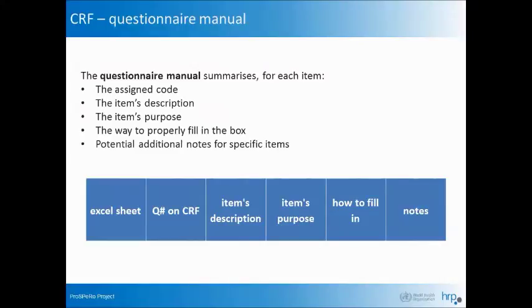For each protocol, you will be provided with a questionnaire manual where you can find a detailed explanation, item by item, of the item's description and purpose, as well as the way in which you are supposed to fill in the specific box. Once again, we would like to remind you that all the SOPs and study materials, including the questionnaire manuals, are available on the dedicated WHO website.